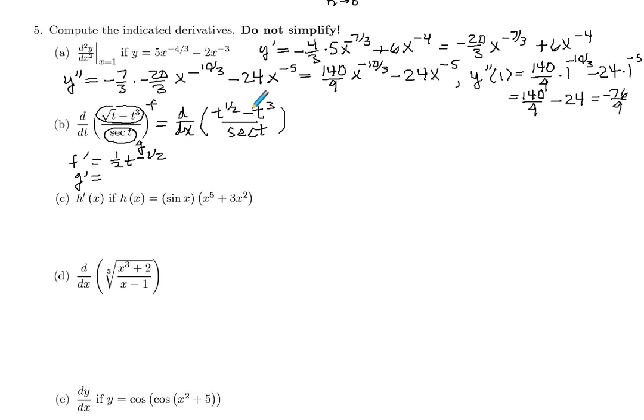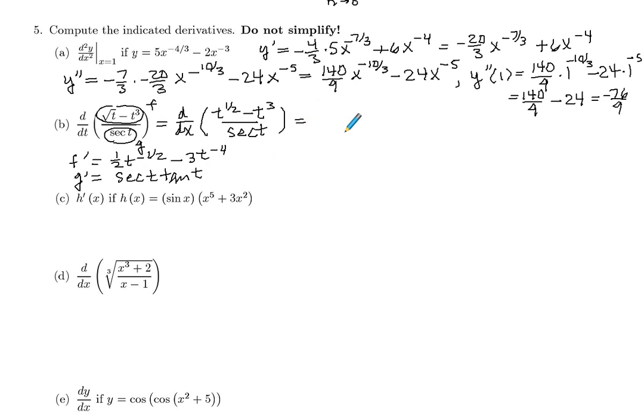And now 3 comes down in front times that negative 1 will be negative 3, and t to the negative 3 minus 1, negative 4 power. And then for our g prime, the derivative of secant, remember, is secant tangent. So this is secant t tan t. So make sure that you know all those derivatives of trig functions that are on the study guide.